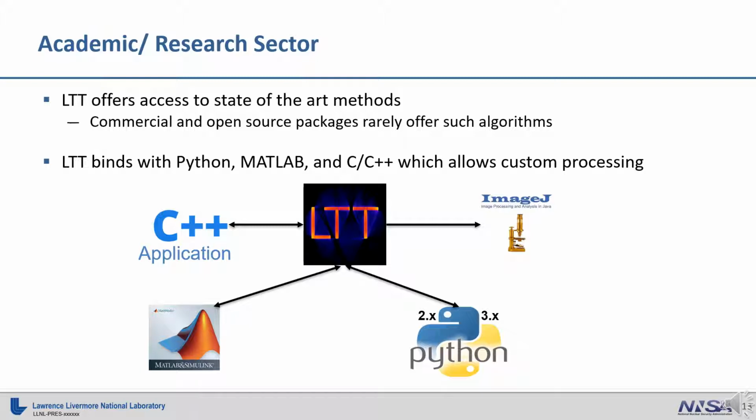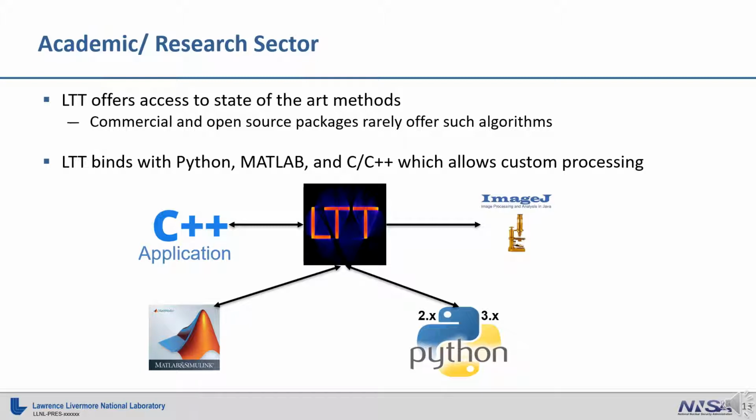The academic and research sector is interested for two reasons. One, they're inventing algorithms, and they want to compare them versus other state-of-the-art. The other reason is they have very challenging imaging problems, and they need the very best tools to be able to complete the science that they were tasked to do. So these are two reasons they would really be interested in LTT.